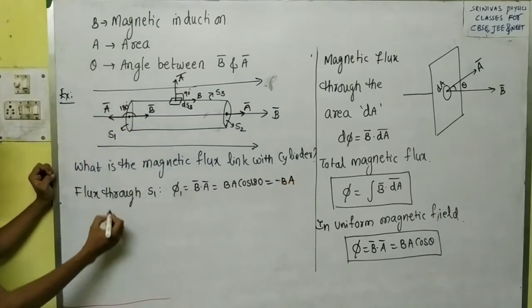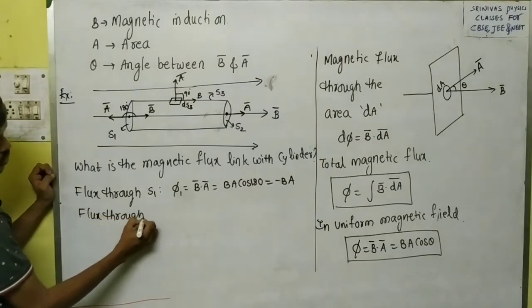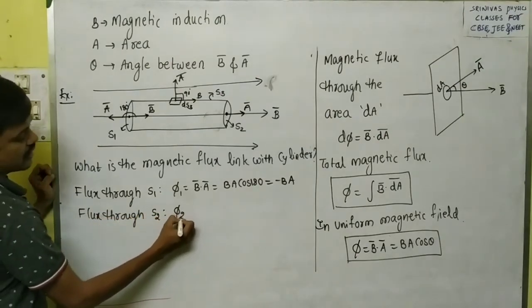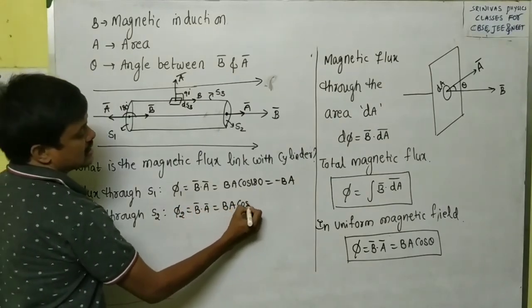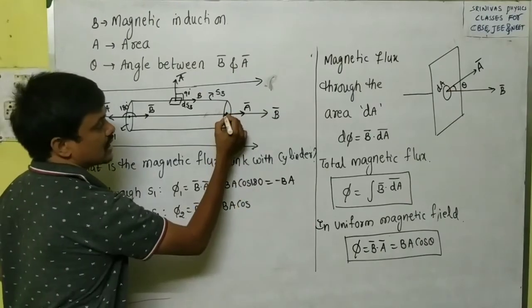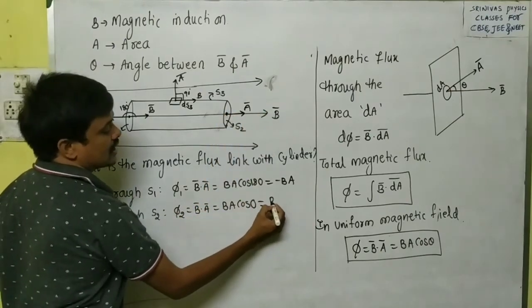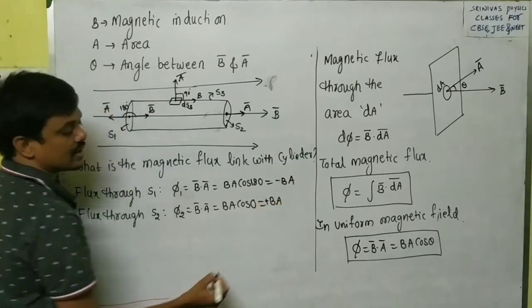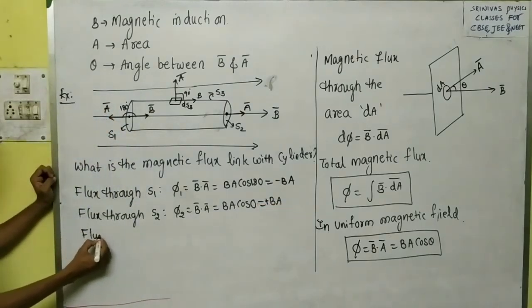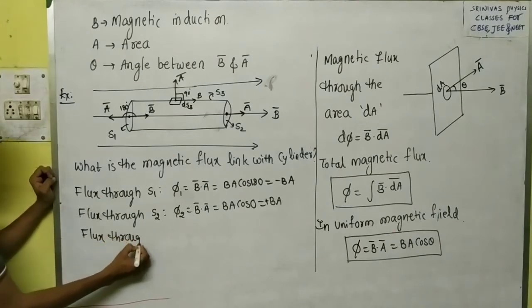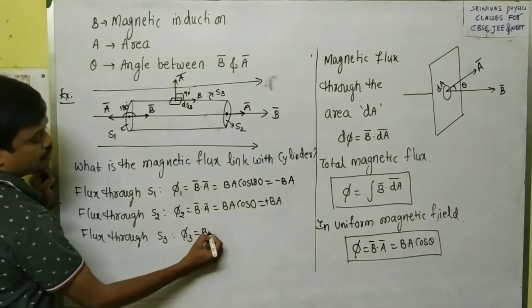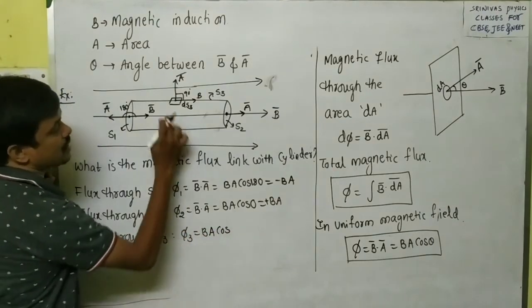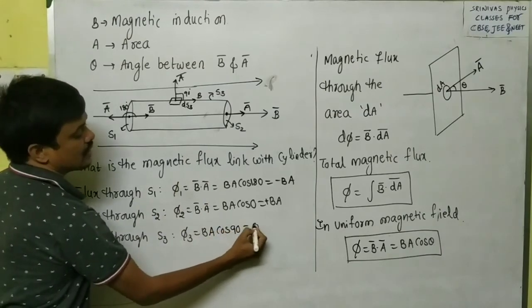And the flux through S2, phi 2, is B bar dot A bar, BA cos theta. Theta is 0 here because B bar and A bar are parallel. Cos 0 value is 1, so we get plus BA. And the flux through the curved surface S3, phi 3, is B bar dot A bar, BA cos theta, but theta is 90. Cos 90 value is 0.